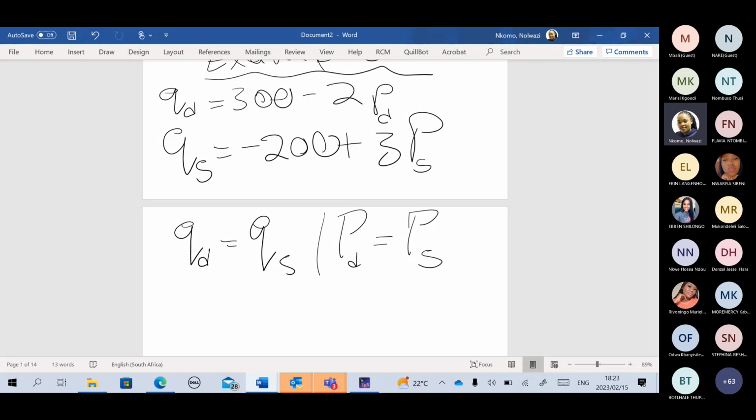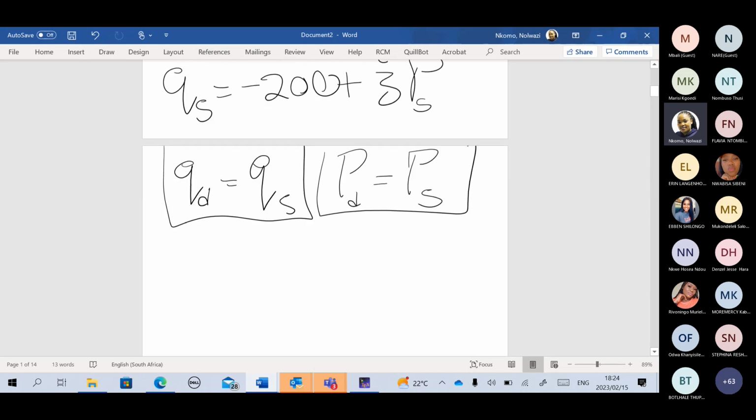So we can use either condition. Since both the demand function and the supply function are functions of P, we can equate them and solve for P, and then use our P in either equation to find the quantity at equilibrium.